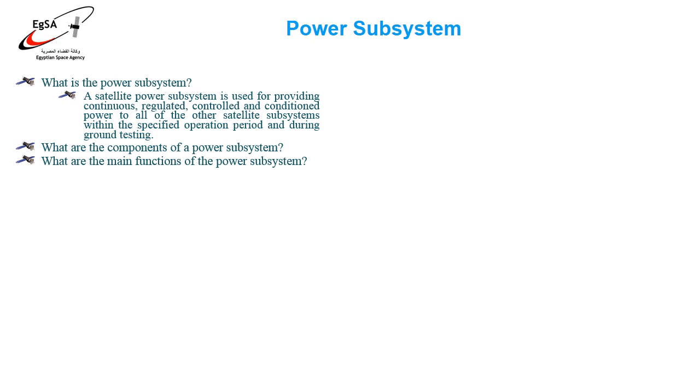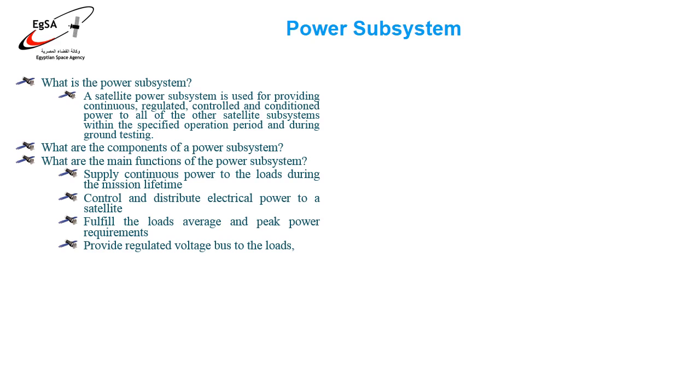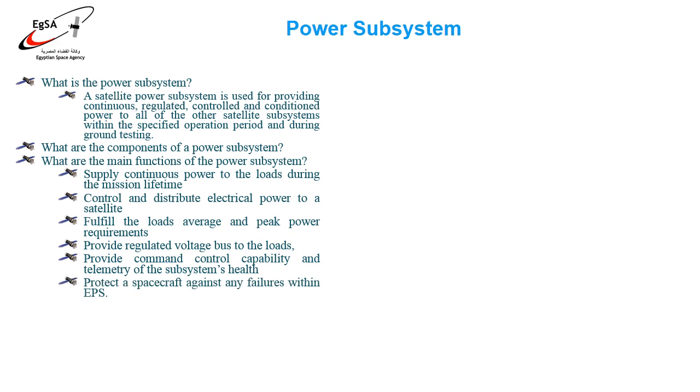The typical functions of an electrical power subsystem are to supply continuous power to the loads during the mission lifetime, to control and distribute electrical power to a satellite, to fulfill the load's average and peak power requirements, to provide a regulated voltage bus to the loads, to provide command control capability and telemetry of the subsystem's health, and finally, to protect a spacecraft against any failures within EPS.